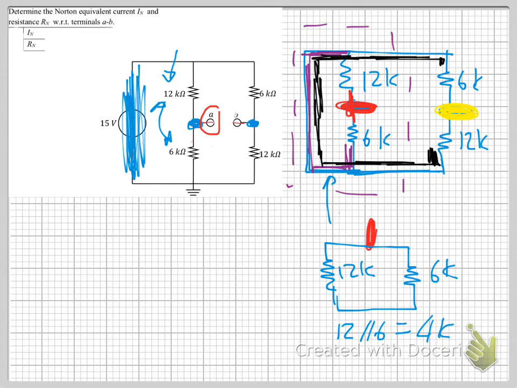Everybody would agree with me that the same analysis we applied to say that those two are in parallel also applies here, right? So therefore now we know that these two are also in parallel, the same way that those two were in parallel.